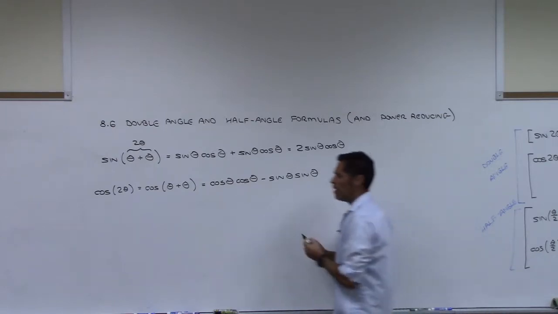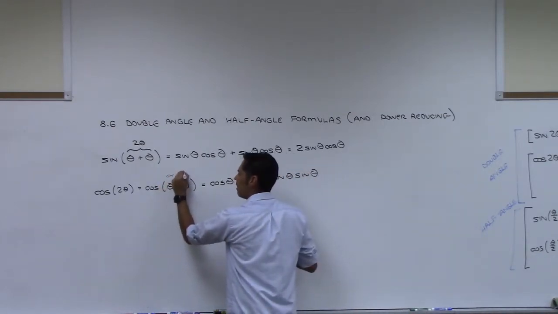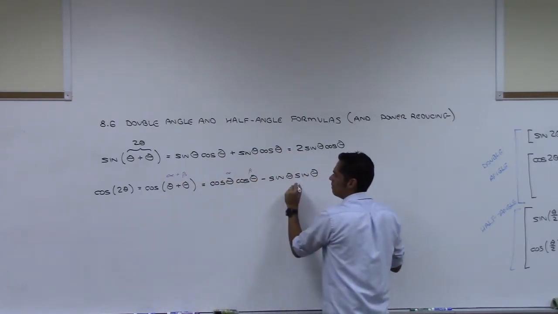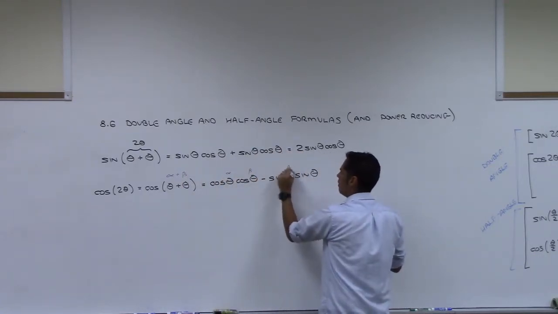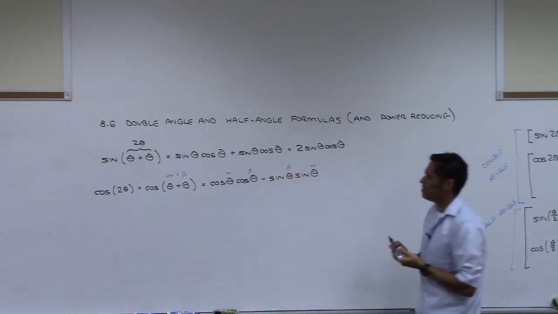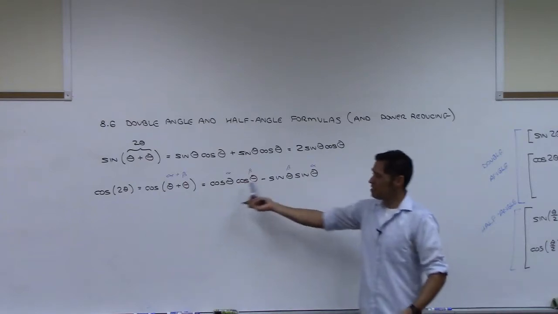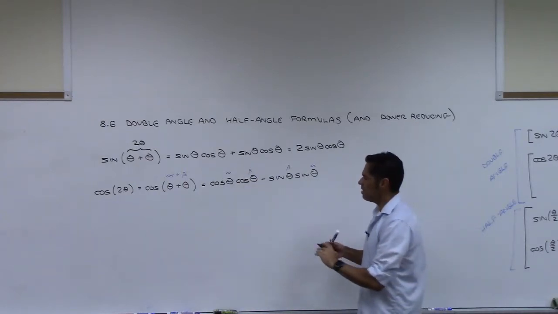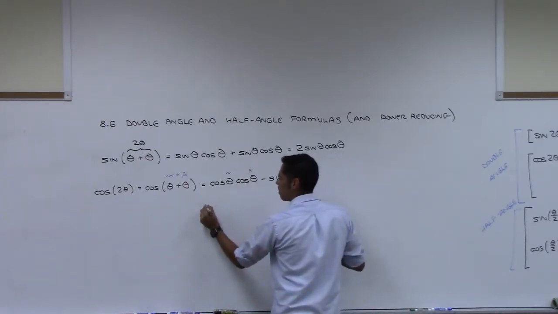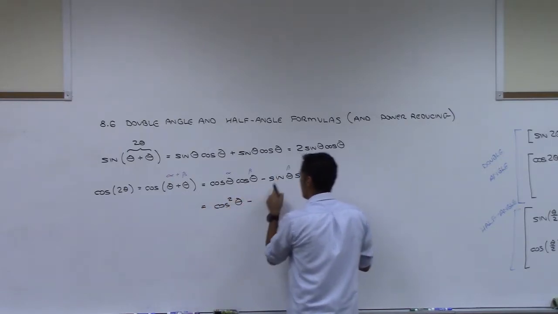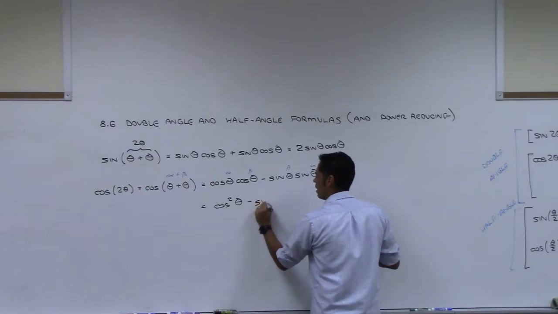Do y'all know what I mean by last class formula? If this was alpha and beta, this would be alpha beta and then beta alpha. It doesn't matter here, you can switch the order, but since they're the same thing, you just get thetas the whole time. So what's cosine theta times cosine theta? Cosine squared theta. And then minus sine theta times sine theta is sine squared theta.